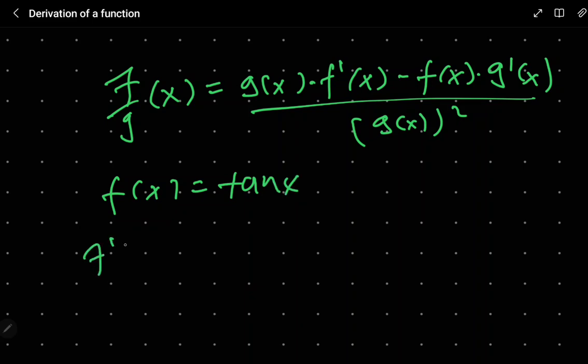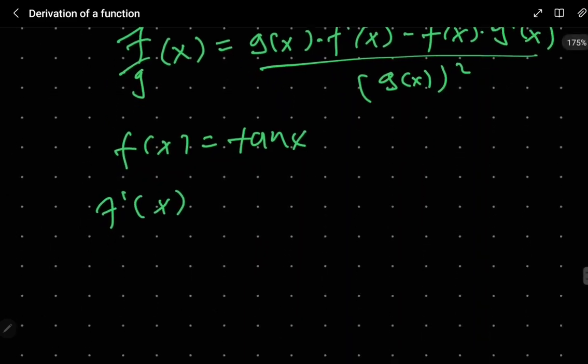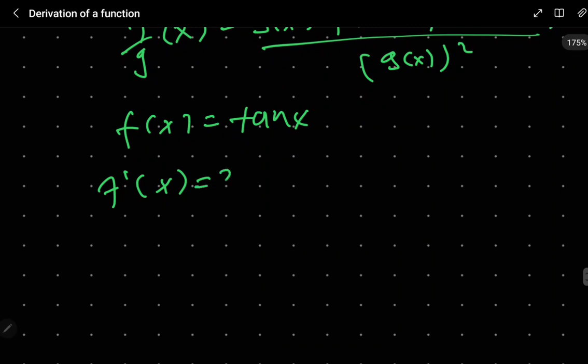Using this rule, we can find the derivative if f of x is tan x. So what is f'(x)? We can consider tan x as a quotient function, because tan x is equal to sin x over cos x.